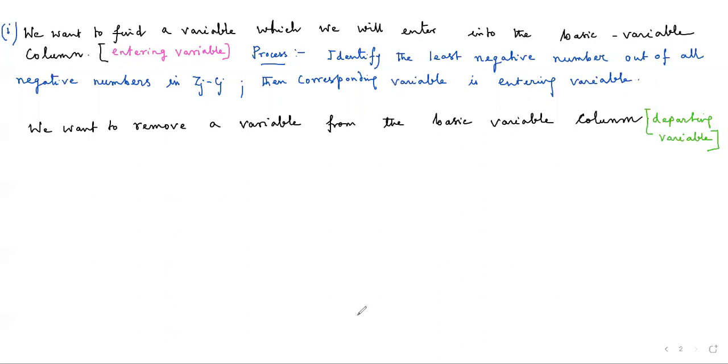Identify the least negative number out of all negative numbers in Zj minus Cj, then corresponding variable is entering variable.